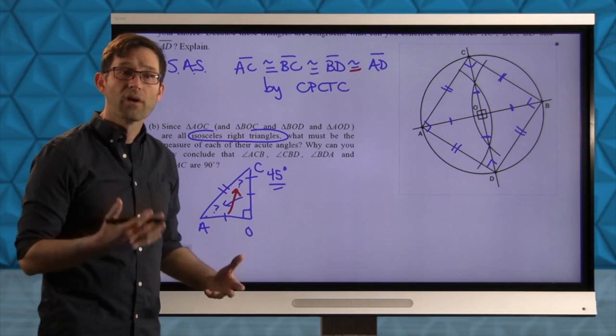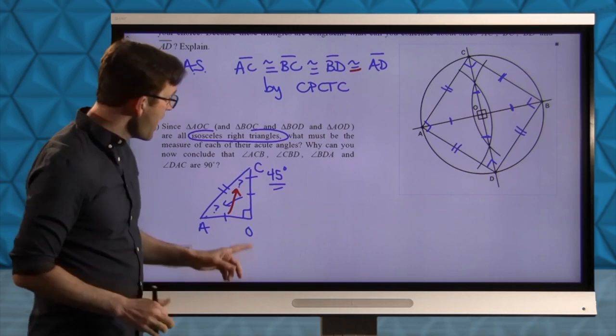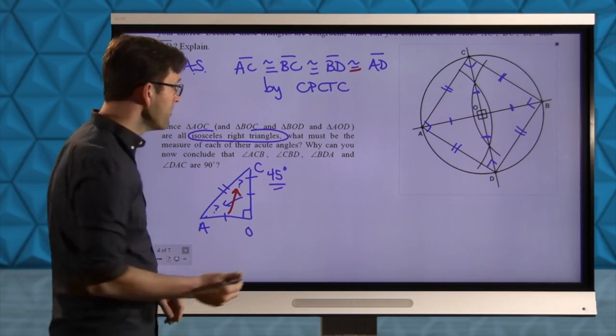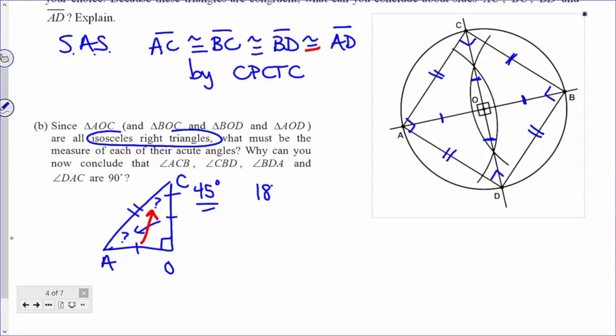And since the three angles of a triangle must add up to 180, once we take that 180 and subtract off the 90, we'll be left with 90 degrees that must be split evenly between those two acute angles. And so each one of those must be 45 degrees.